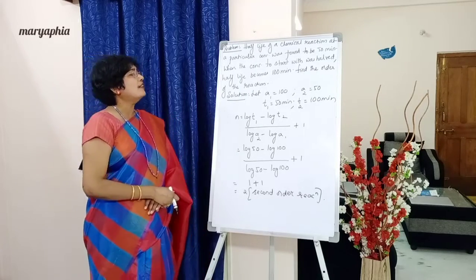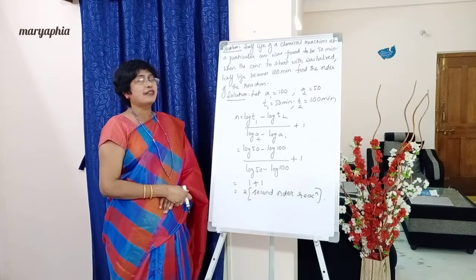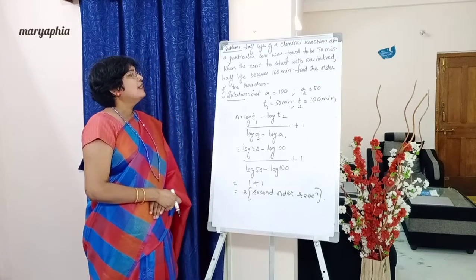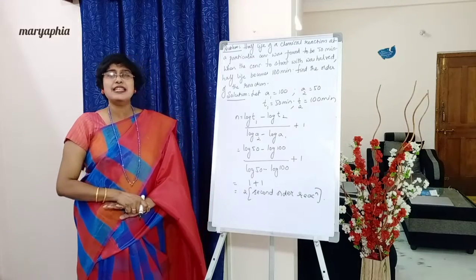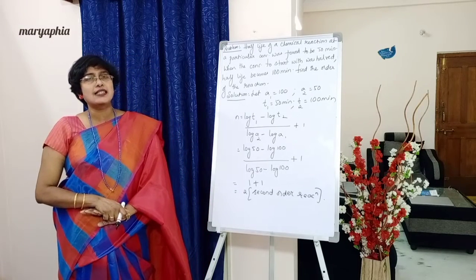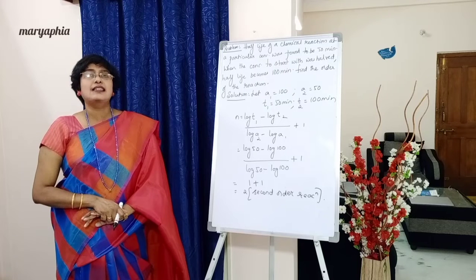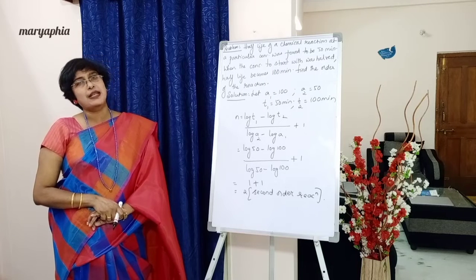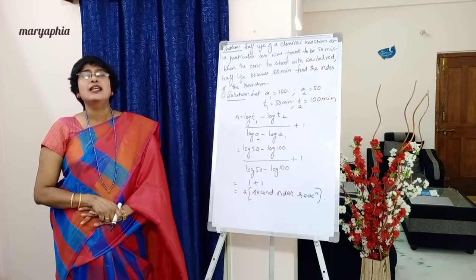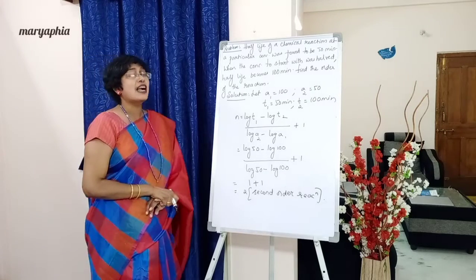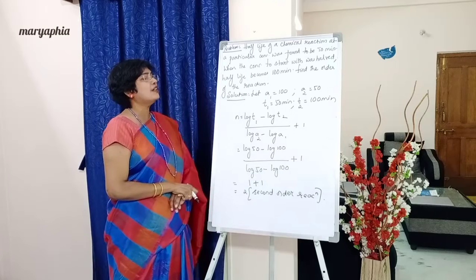So when the concentration to start with was halved, the half-life becomes 100 minutes. Previously, at a particular concentration, suppose we started with A, at that time the half-life was 50 minutes. If this initial concentration A has become A by 2, then the half-life is 100 minutes. Full stop. Find the order of the reaction.